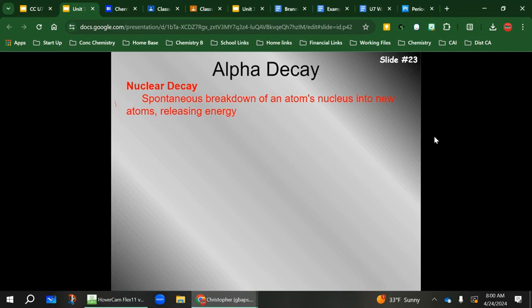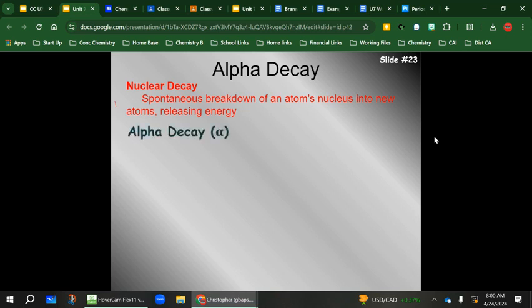If you're talking about a nuclear reaction that releases energy in the form of a nuclear bomb, you are talking about using it for bad, okay? Or good, depending, I guess, which side of the aisle you're on.